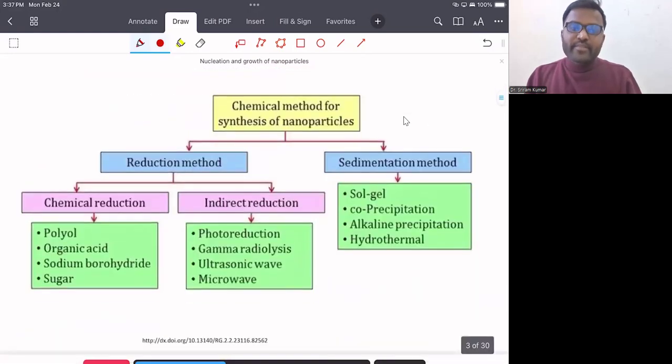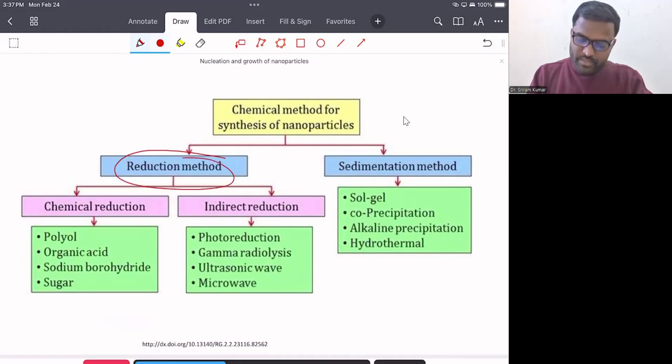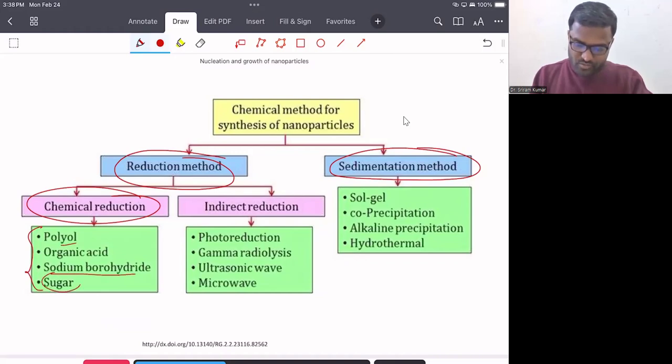When we think about chemical methods of nanomaterial synthesis, we have two methods: one is the reduction method, and the second is the sedimentation method. In the chemical reduction method, we can use polyol, organic acid, sodium borohydride, and sugar for the chemical reduction process.